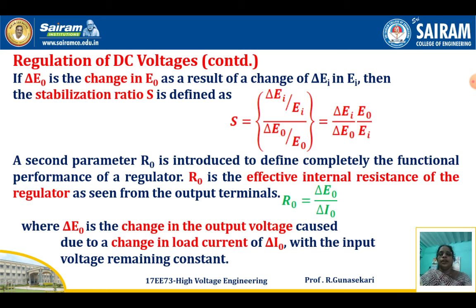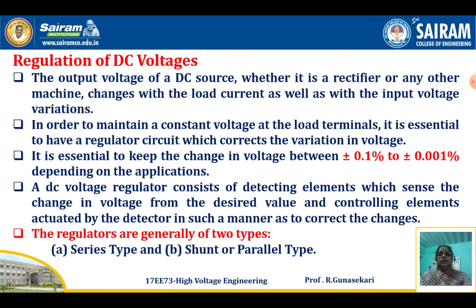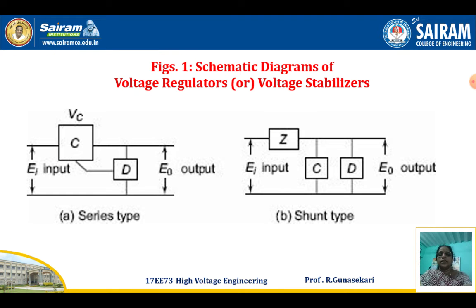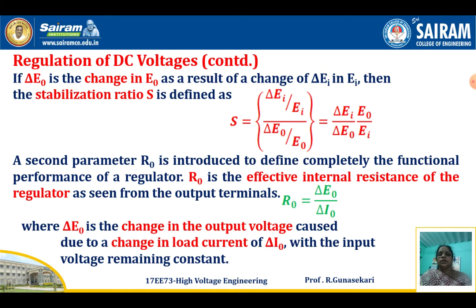Now we study the regulation of DC voltages, the series type. Del E0 is the change in voltage E0 as a result of change of the input voltage del EI in EI.